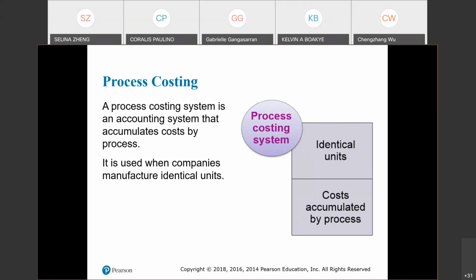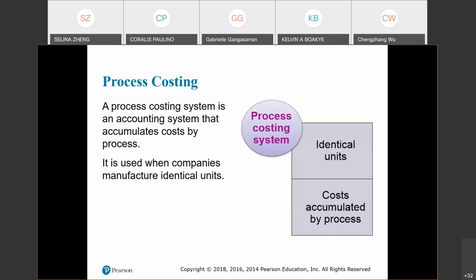Or a medical equipment manufacturer of a blood glucose meter may have processes that include soldering, assembling, and testing. So process costing is used primarily by those companies that produce large quantities of similar products.